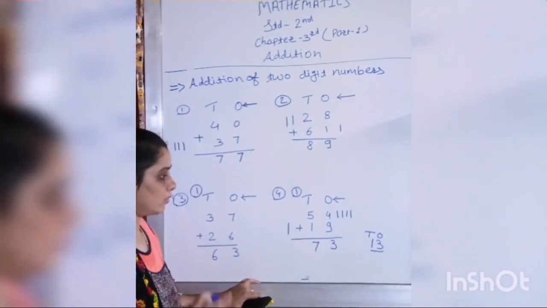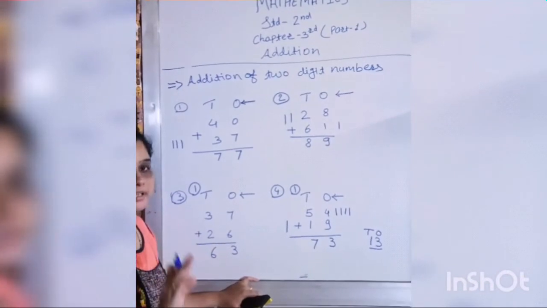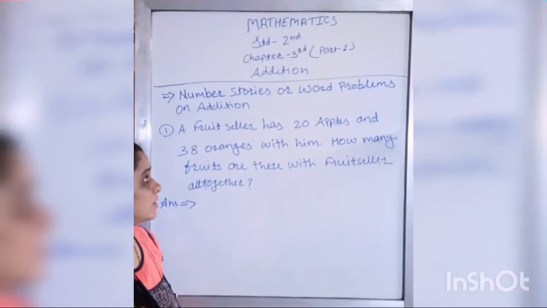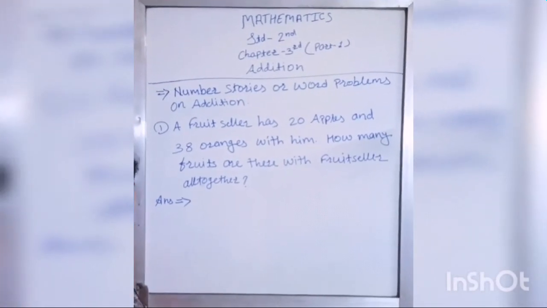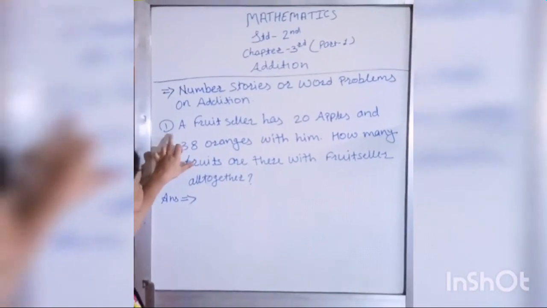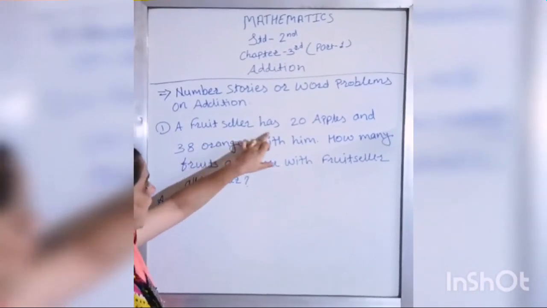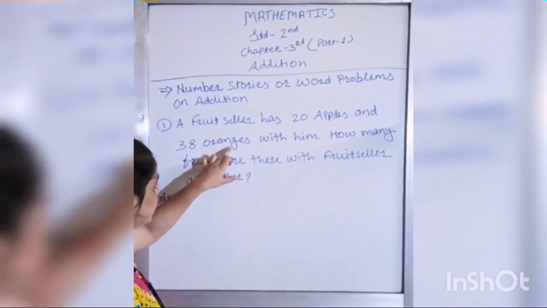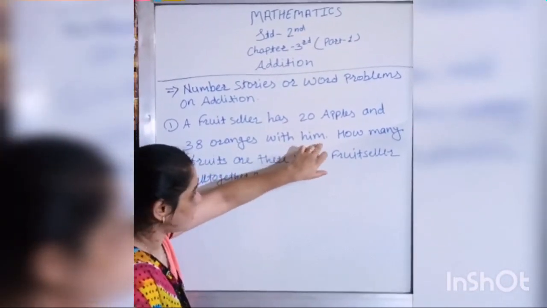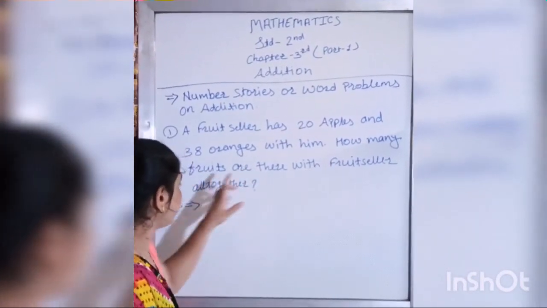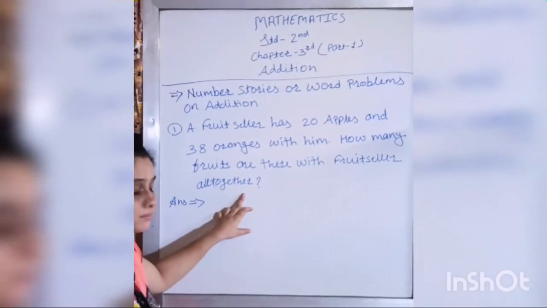Understood how to add 2-digit numbers with carry. Now see the number stories or word problems on addition. See the first one. A fruit seller has 20 apples and 38 oranges with him. How many fruits are there with the fruit seller all together?